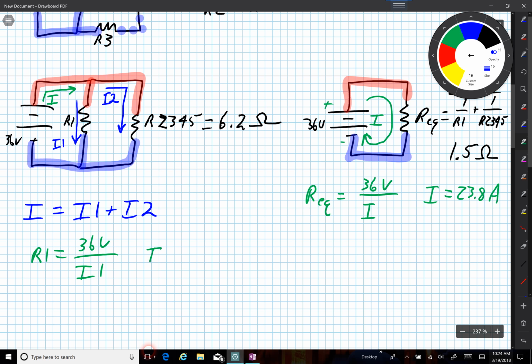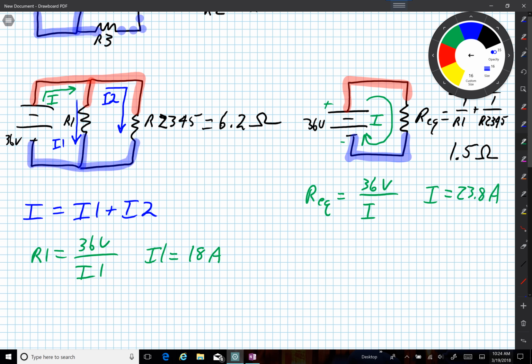And I solve that for I1. I1 equals 18 amps, because R1 is 2 ohms. All right, so we have 18 amps flowing through there.